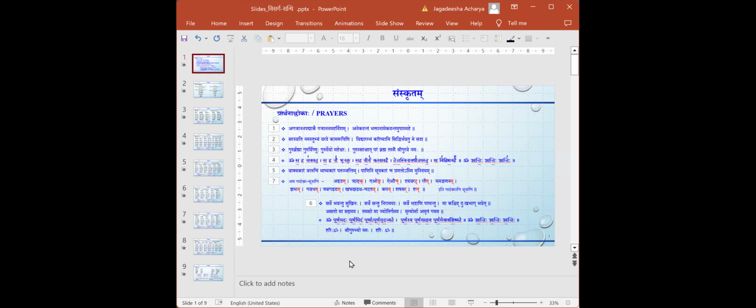Gurur Brahma Gurur Vishnu Gurur Devo Maheshwaraha, Guru Sakshat Brahma Tasmai Shri Gurave Namaha. Om Sahana Bhavatu, Sahanau Bhunaktu, Sahaviryaravavahai, Tejasvinavadhitamastu Ma Vidvishavahai, Om Shanti Shanti Shanti.